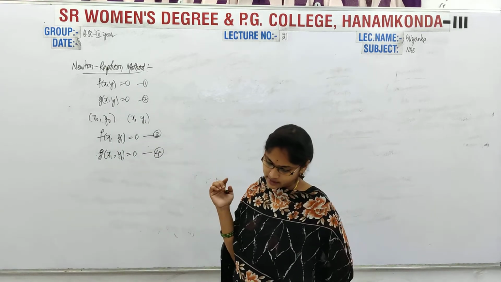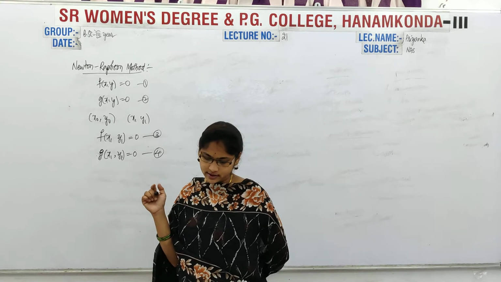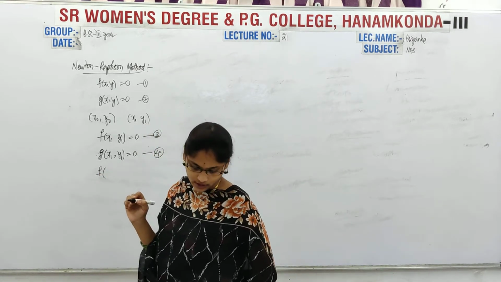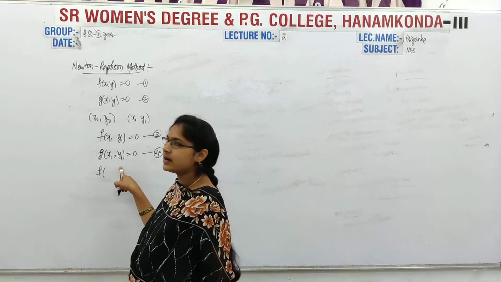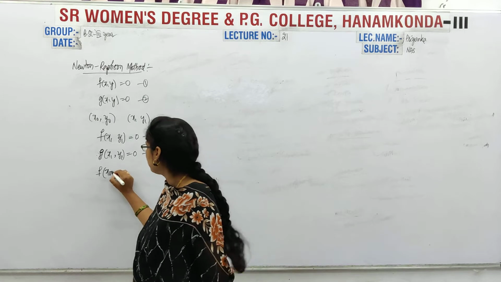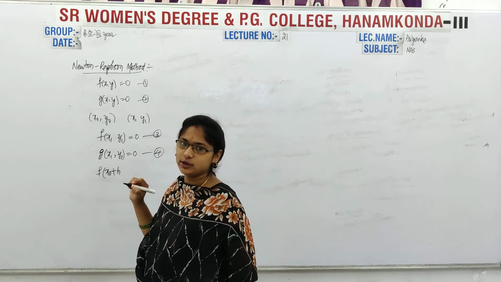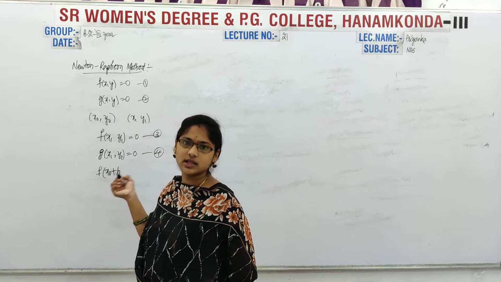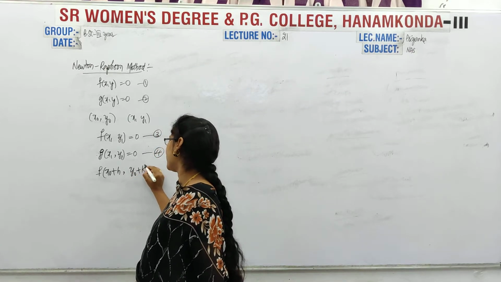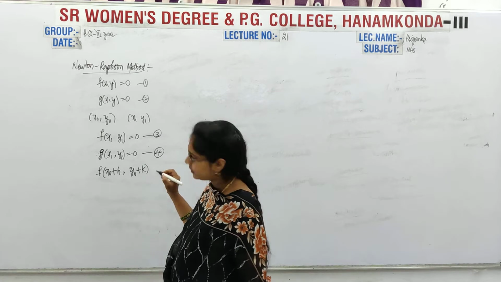Next write down. Then in general, x1 means x0 is already there, some value is added to x0, then it is nothing but x1. So f of x0 plus h comma y0 plus k is equal to 0.